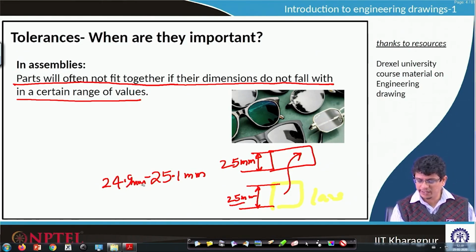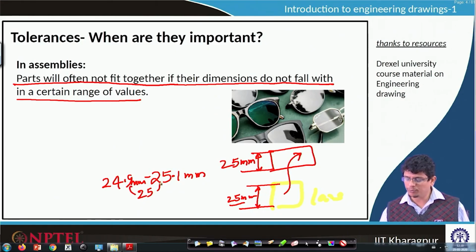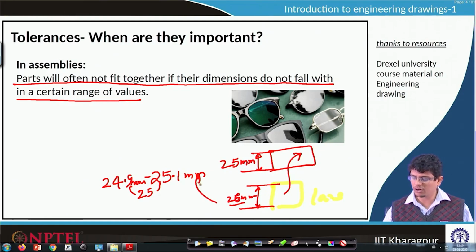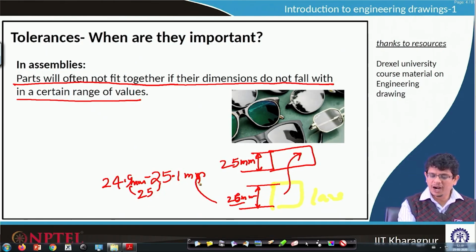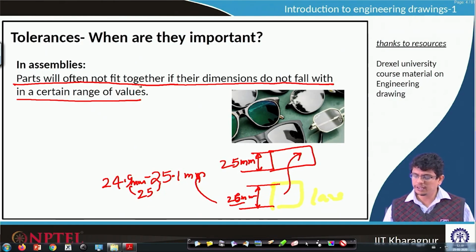If this one is 25, it fits in that object. If it is 26, definitely it will not fit into that object. One has to try other ways of fitting that. So, parts will often not fit together if their dimensions do not fall within a certain range of values.